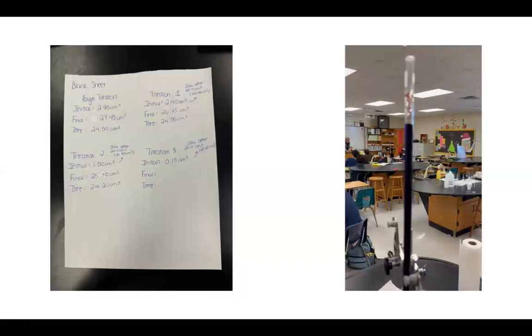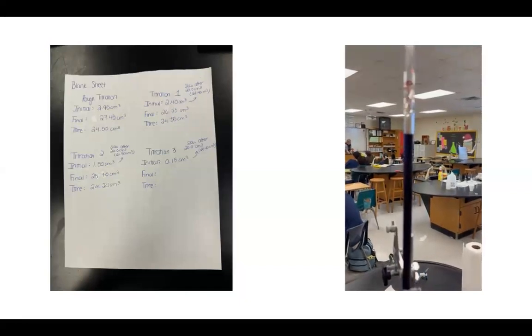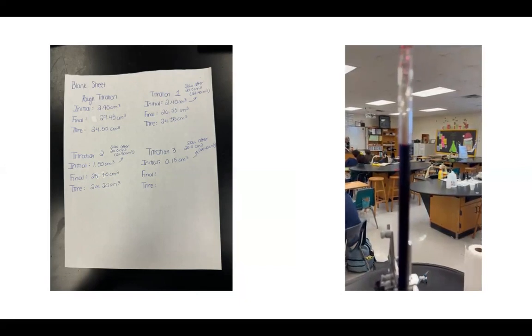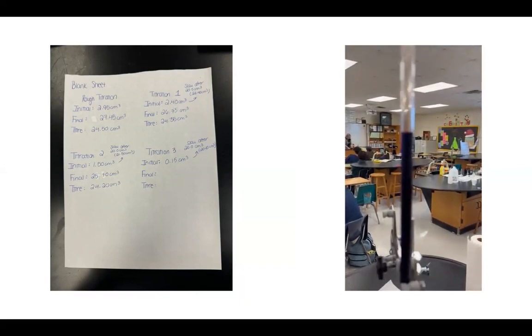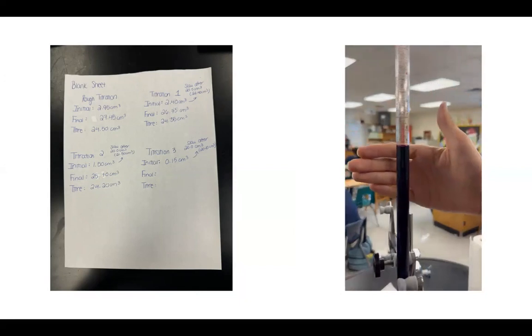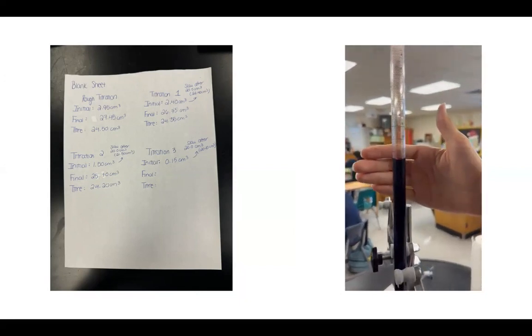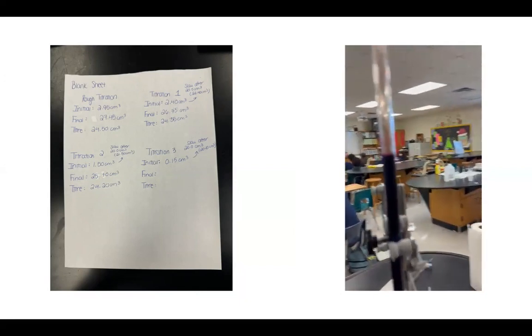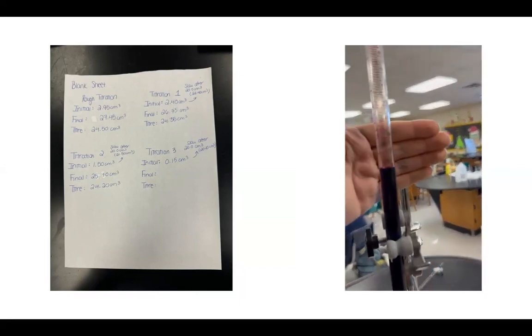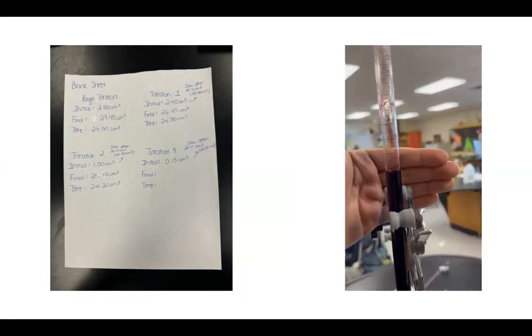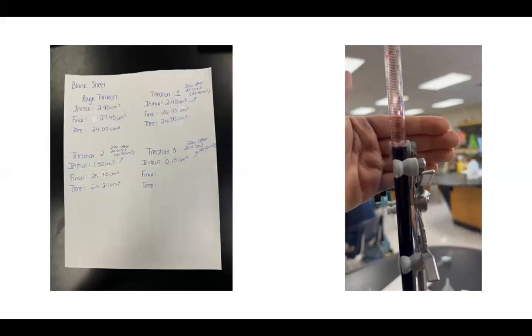So this is us adding it very quickly. As you can see, you're just looking for when it reaches around 20. And then you can turn the stopcock to stop the flow.